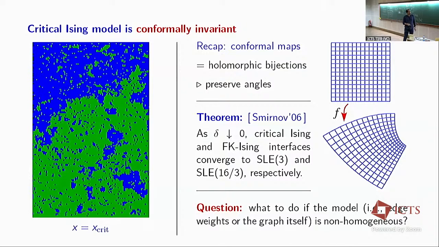Yeah. There is fortunately a question on the slide. The question on the slide is, right, this is the situation on the square grid for the homogeneous model, but how do these answers, if they exist at all, look if I start in a more general setup? I don't want to specify any concrete setup right now, but imagine that instead of the square grid, you have something else. Then it would probably be too naive to believe that the limit here is always the same, independently of what this something is.